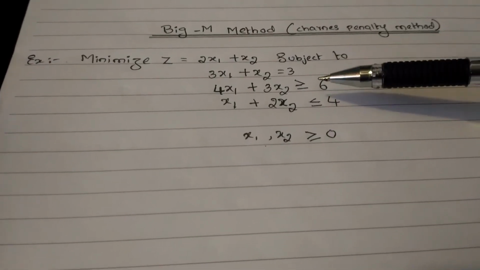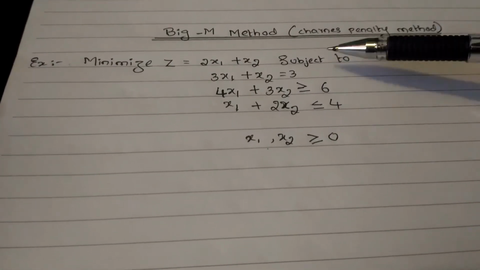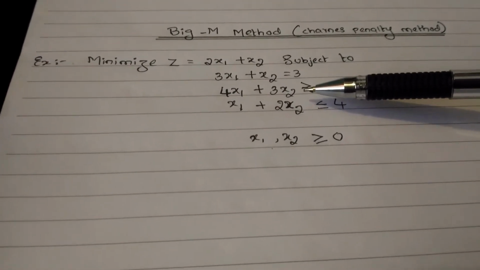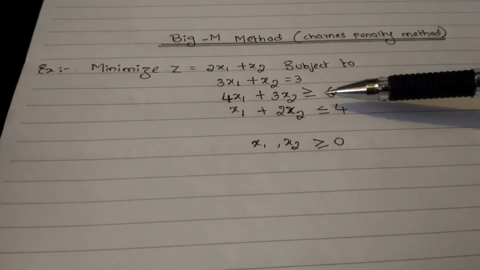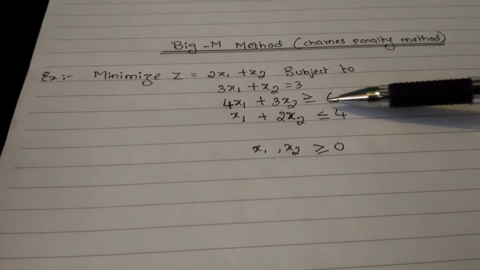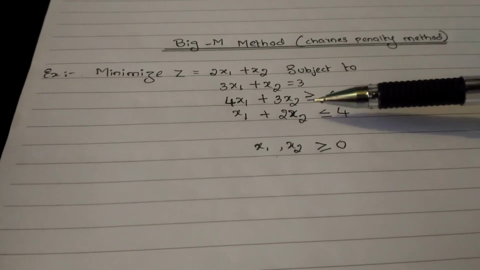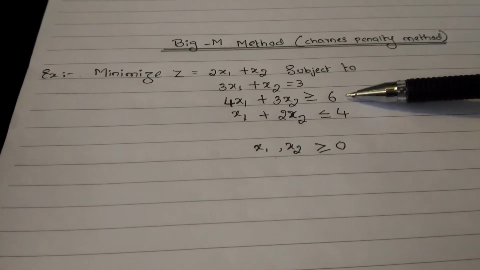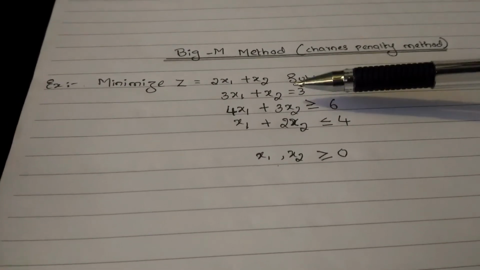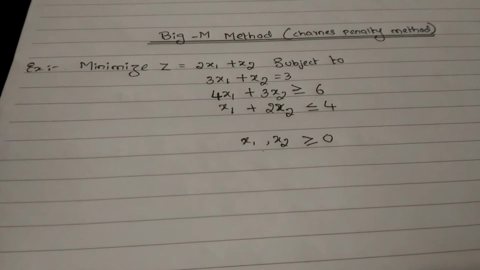Surplus variable is nothing but a positive variable which is subtracted from the LHS part of the given subject to constraint inequalities, and we will have an artificial variable added only in a case wherein the subject to constraint has got LHS which is greater than or equal to RHS. And if we have the LHS which is equal to RHS, then we will only add the artificial variable.